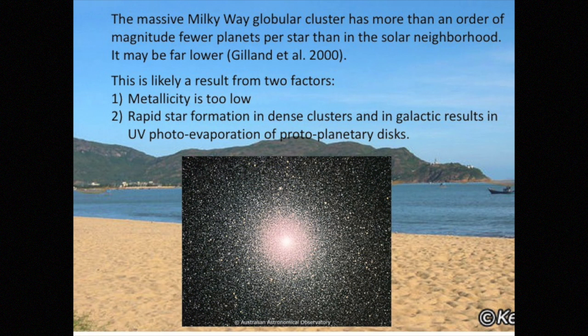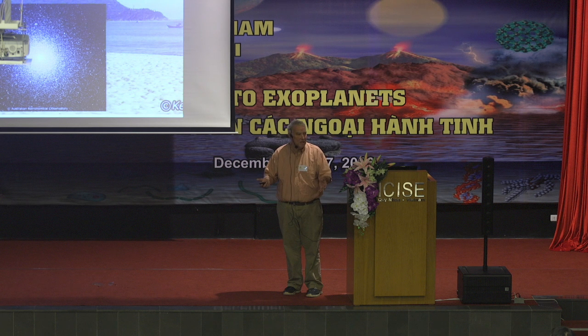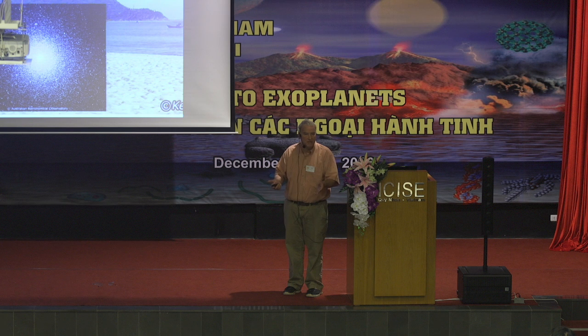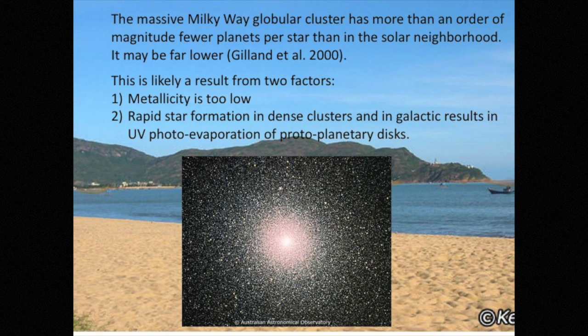They expected to have something like 17 Jupiter mass planets observed from an HST study, radial velocities of stars in this globular cluster, and found none, which implied very strongly that the number of these planets in 47 Tuc is an order of magnitude less than what we have here.